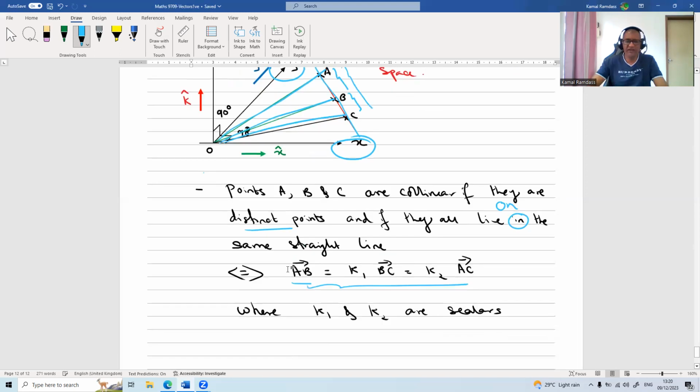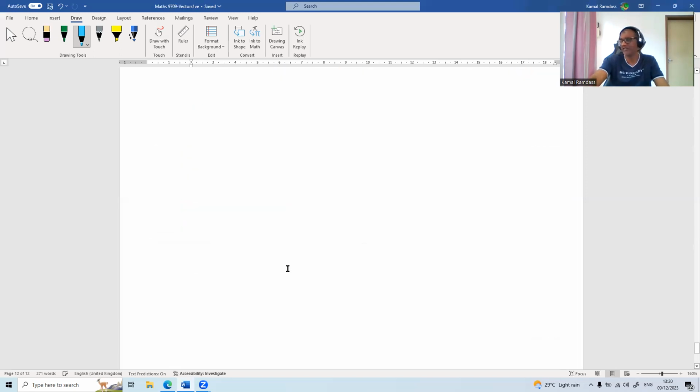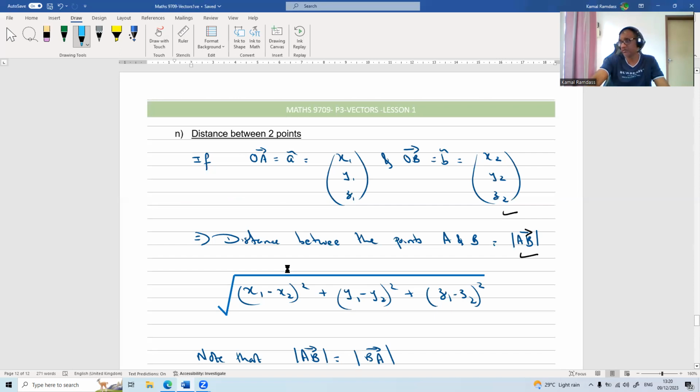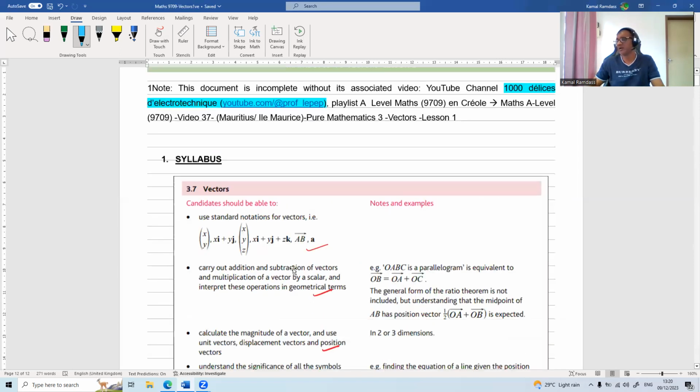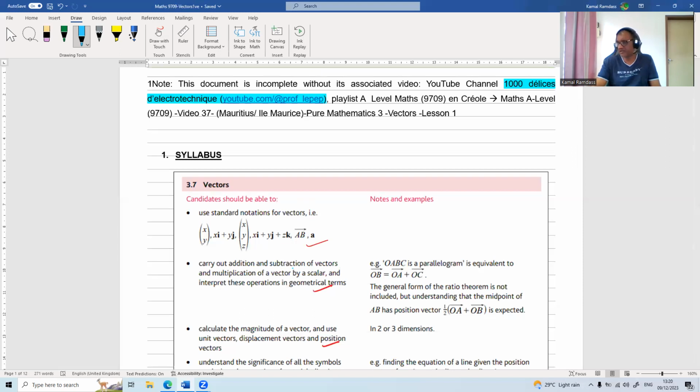OK? Now I go to my syllabus to verify what it says. You might use standard notation for vectors, column vectors, xi plus yj, column vectors in 3 dimensions, and xi plus yj plus zk in 3 dimensions.